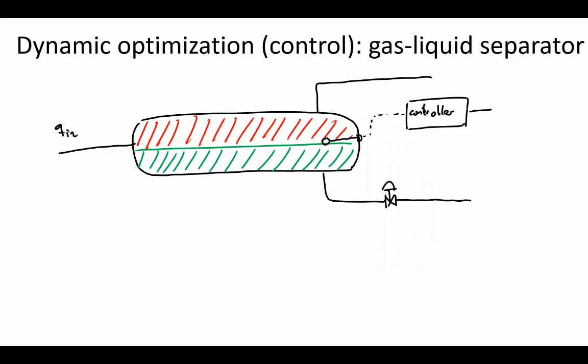The controller receives a height set point, and then it sends a signal to the actuator of the valve to see how to operate.